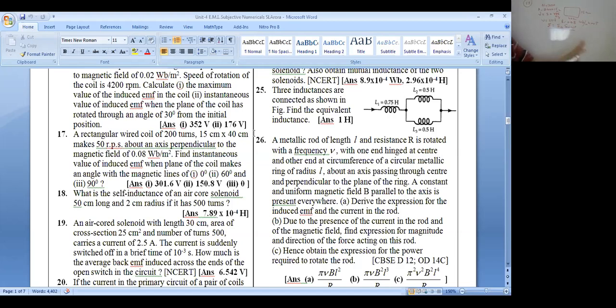Because it is flux here, you can easily find out. Got this point? Here E is equal to E naught sin omega t, sin theta. E naught means N A B omega. Can you see this formula? Is it correct or wrong?